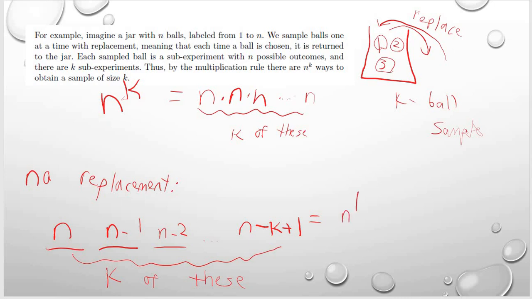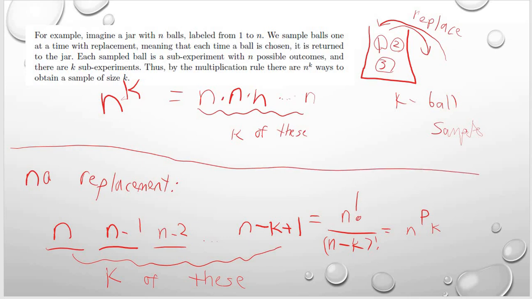So we have n factorial over n minus k factorial. So recall, of course, I did say we are changing the problem. So that was the second problem, when we had no replacement.